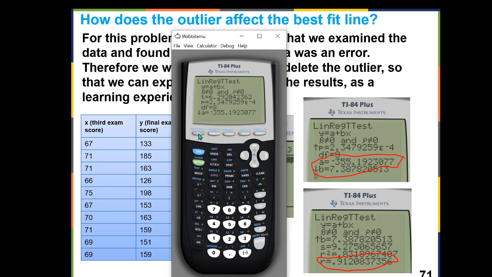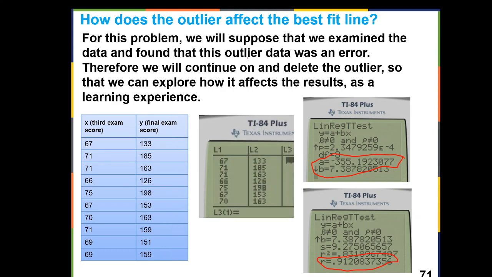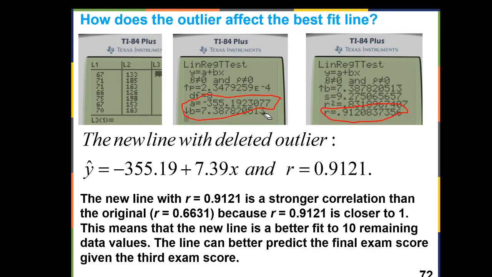That's good. Okay. So look at the numbers. Our R now is what? 0.91. Remember, it was like 0.66. So this is a much better correlation, much stronger. And our line is actually a much better predictor of the final exam scores if you have third exam scores. So the line changed and R changed, right? Now we have a better model for this situation.